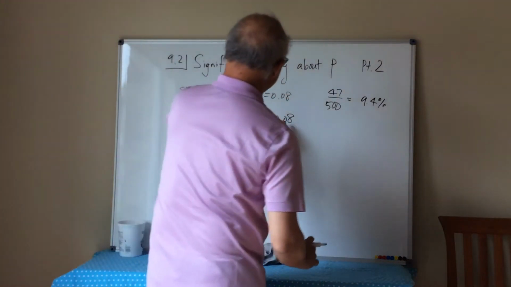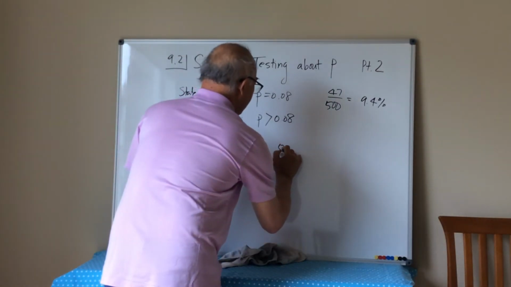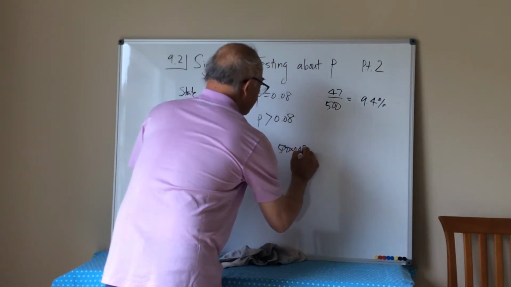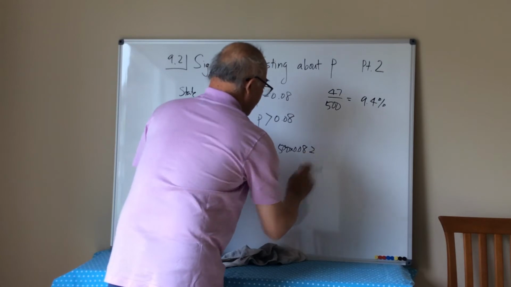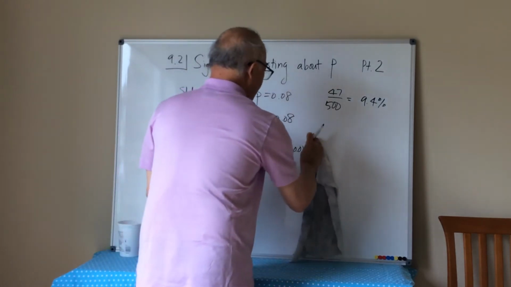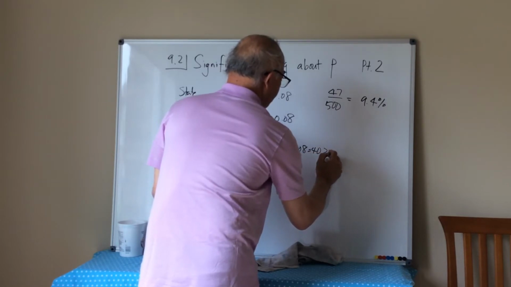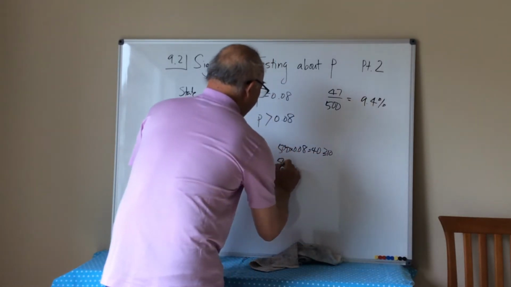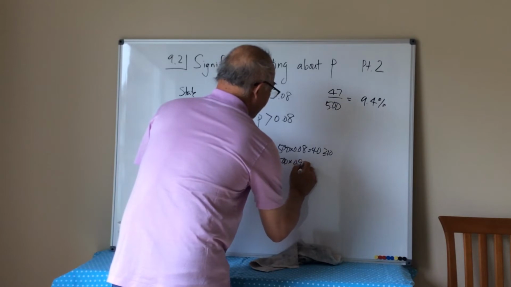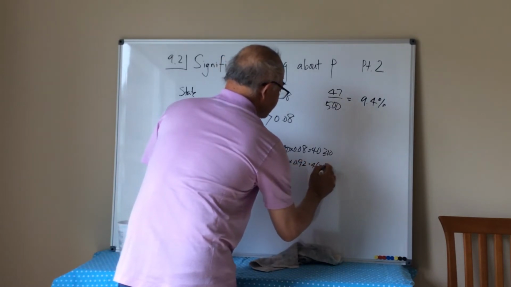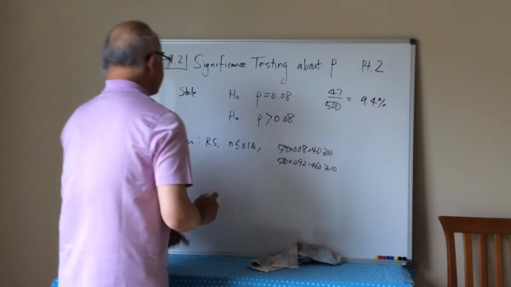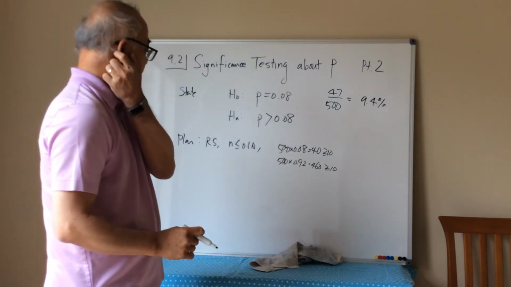We have 8%, so 500 times 0.08 equals 40, which is greater than 10. Then 500 times 0.92 is 460, also greater than 10. So all three conditions are met.